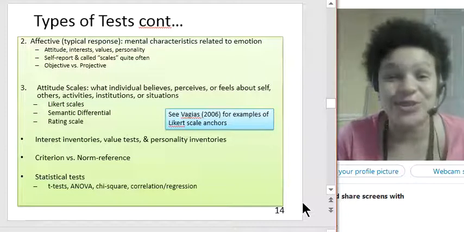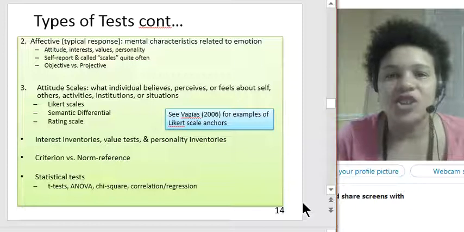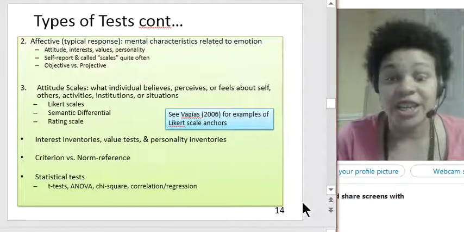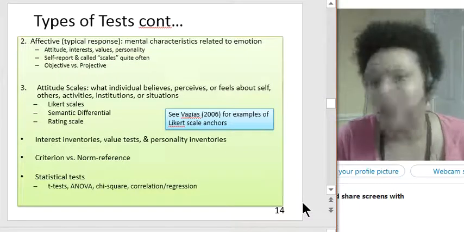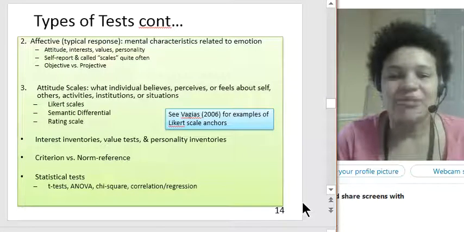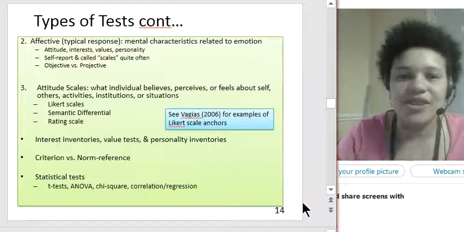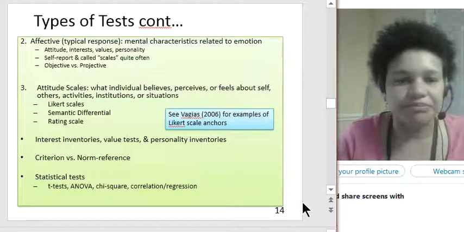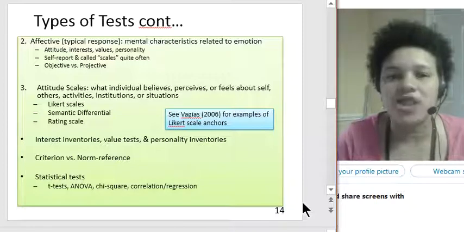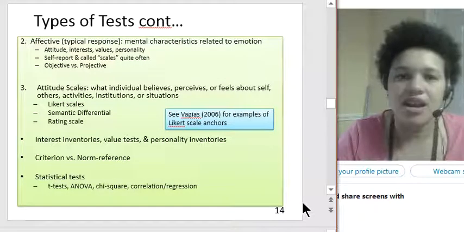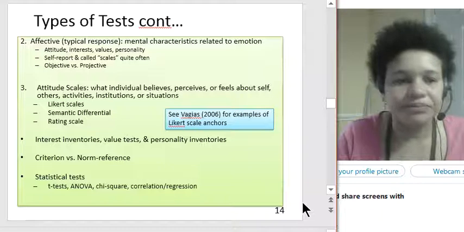For example, when you do the course evaluations, anything that says strongly disagree, disagree, agree, strongly agree, where you have these different levels that you're asked to choose from. You can see the article that I mentioned on the slide for examples of Likert scale anchors. The anchors are what the choices are for the responses.